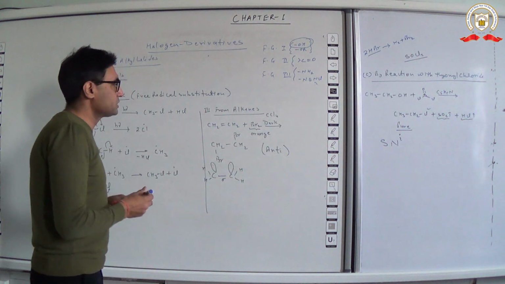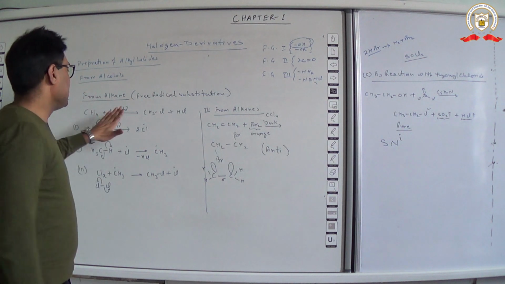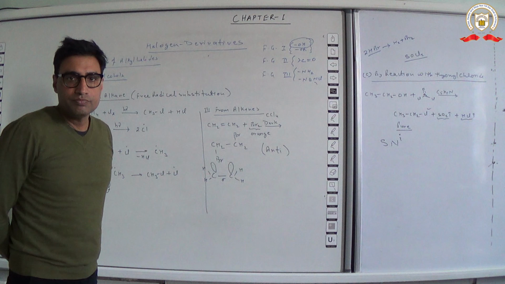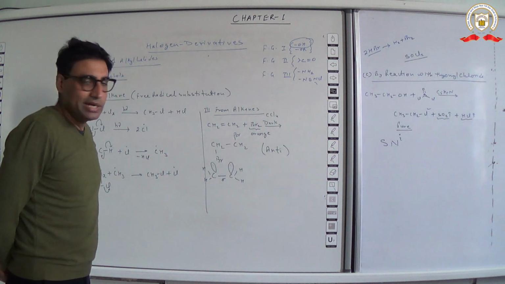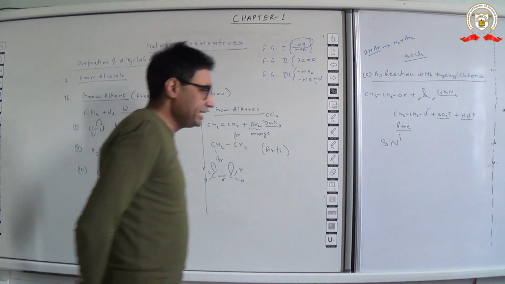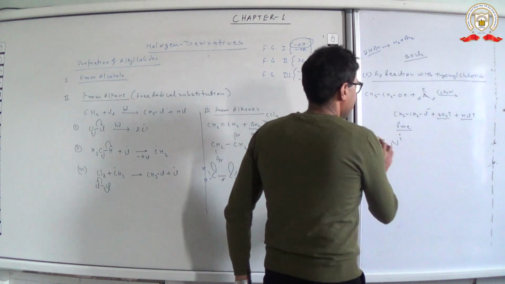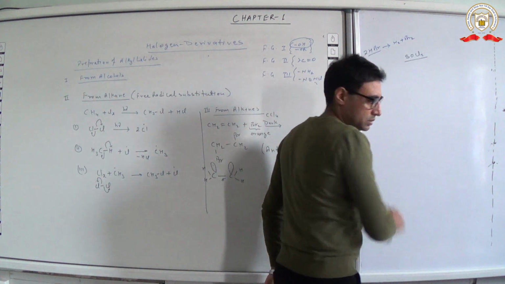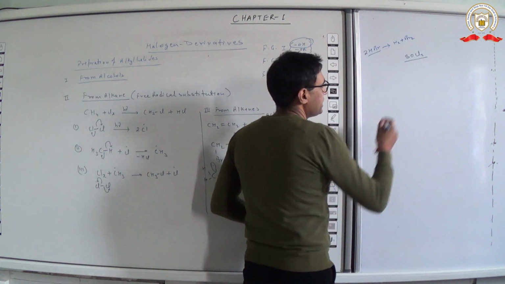So by now we have seen free radical substitution and free radical addition. This is how we can prepare alkyl halide. Again, I will enrich your concept as far as this is concerned. I am giving you one example.